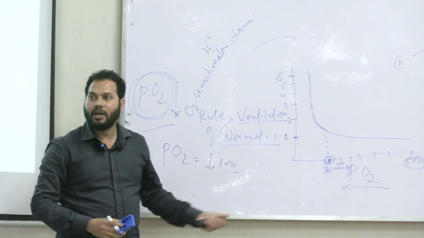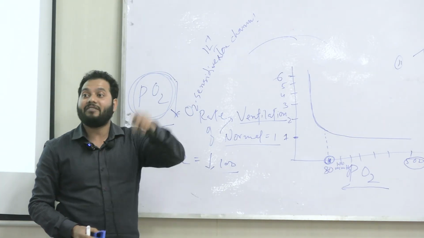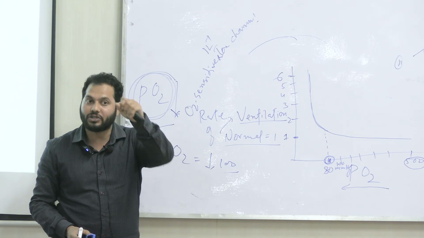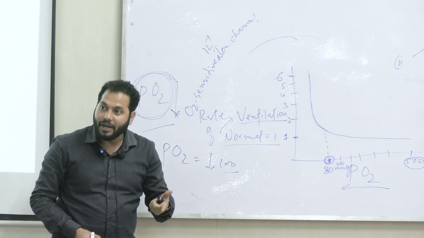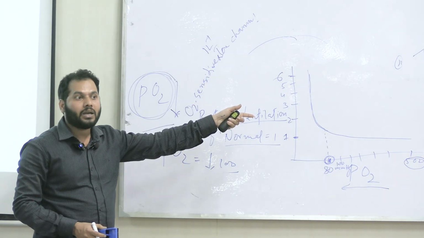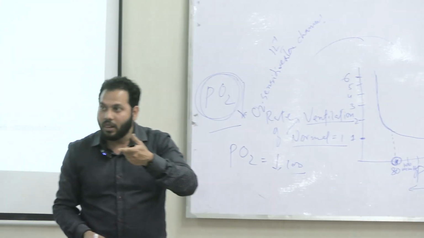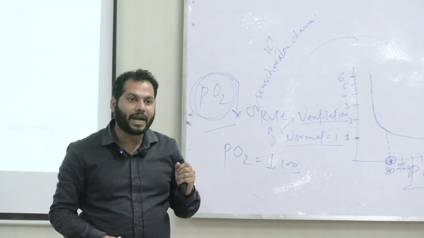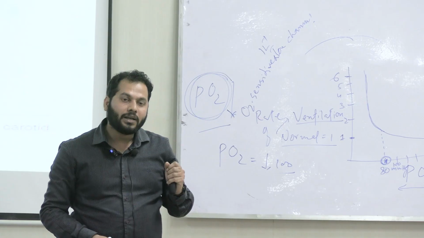It means when the oxygen pressure level falls down, immediately our glomus cell starts sending the signal to the higher center, that is the respiratory center, right?